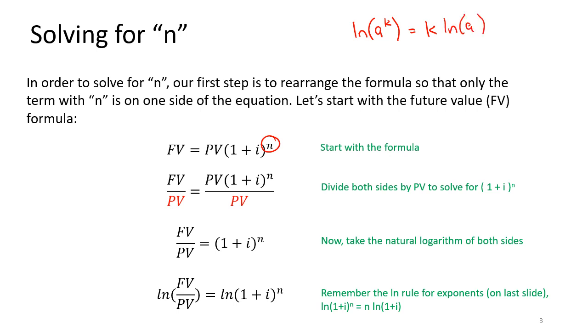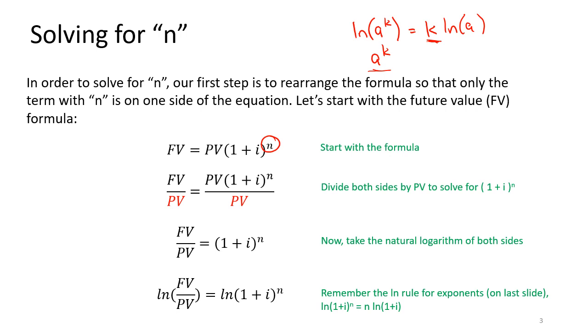That's important now because that exponent is just sitting there being multiplied by that term, so we can solve for it on its own. If it's in the form a to the k, you can't solve for k by itself.